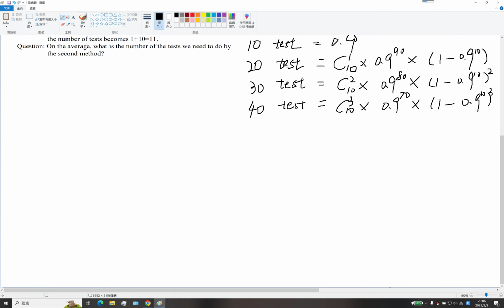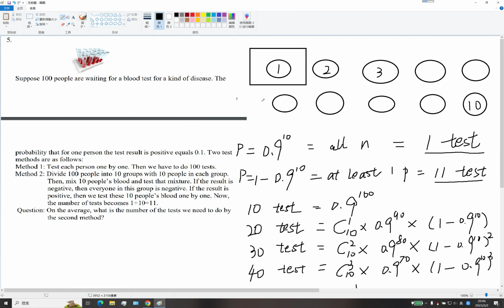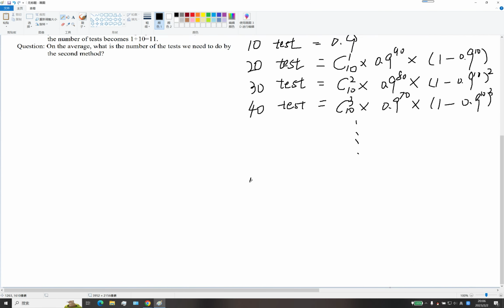So the others are the same, and we can get: if 9 of the groups have a positive, then we have to do 100 tests. This is we select 9 groups of them, and only one group is negative.